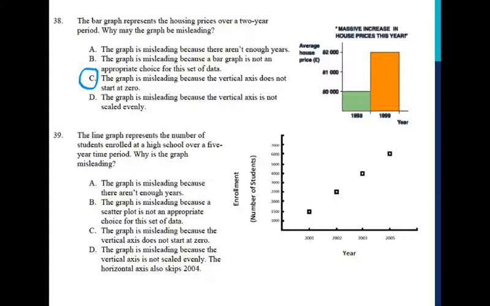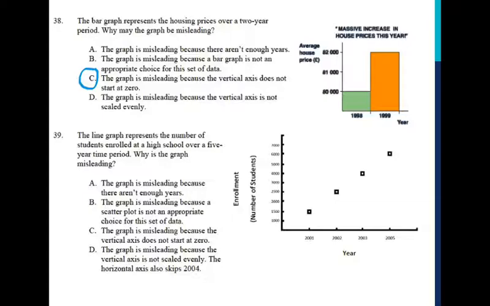All right. The line graph represents the number of students enrolled at a high school over a 5-year time period. Why is the graph misleading? The graph is misleading because there aren't enough years. The graph is misleading because a scatter plot is not an appropriate choice for this set of data. The graph is misleading because the vertical axis does not start at 0. The graph is misleading because the vertical axis is not scaled evenly.